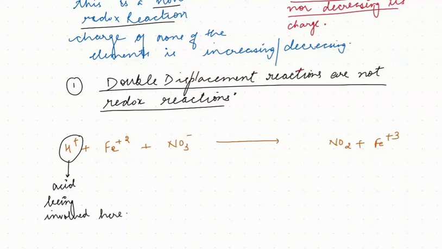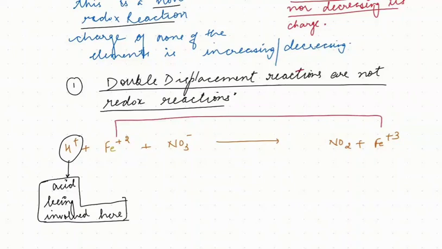You understand? So when there is some acid involved, we say that it is H plus. But here, when we talk about Fe plus 2, you understand? So then what happens?